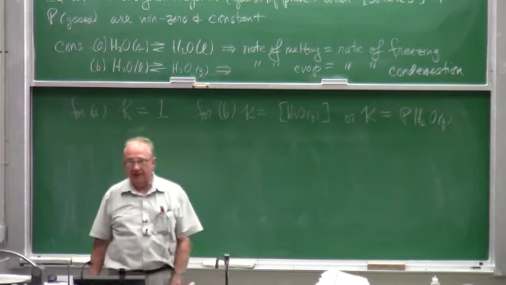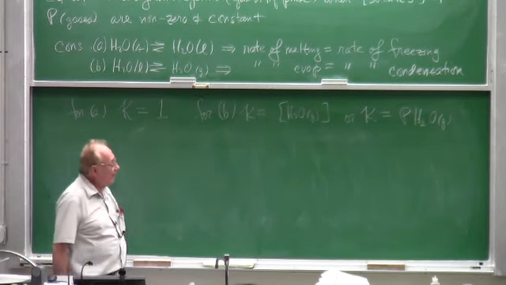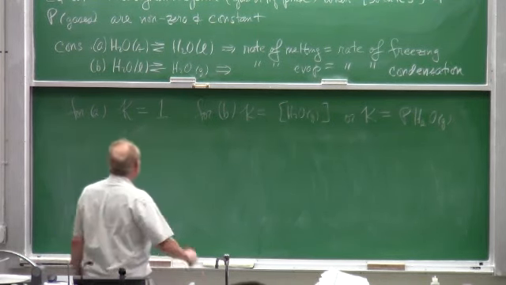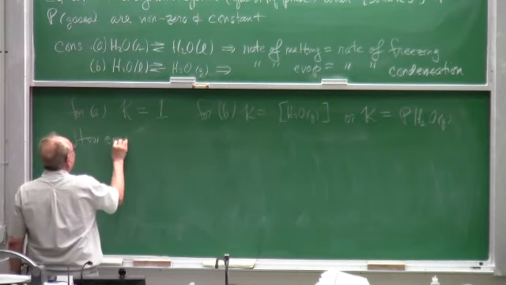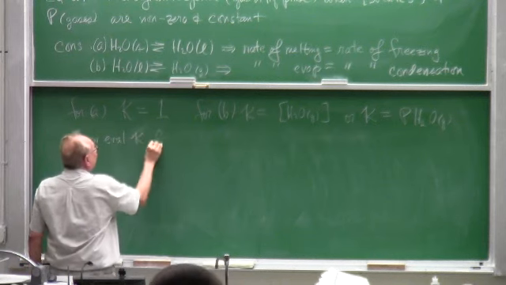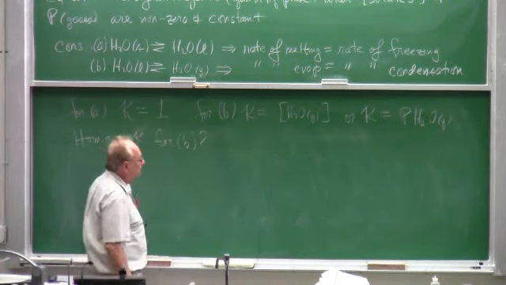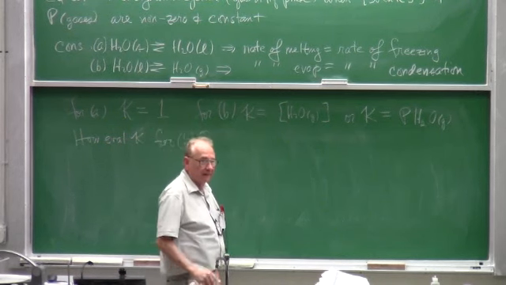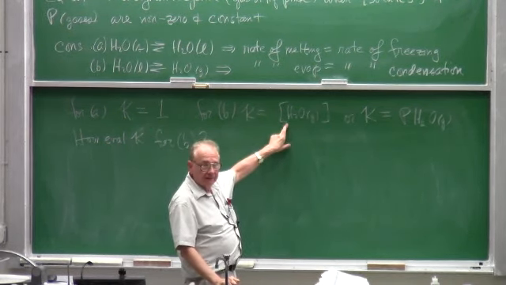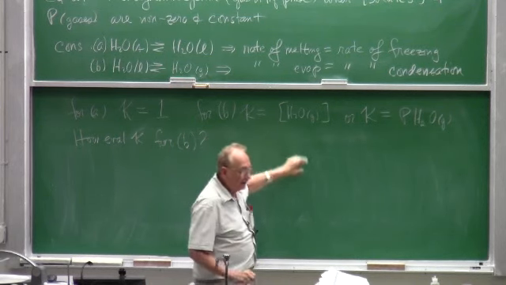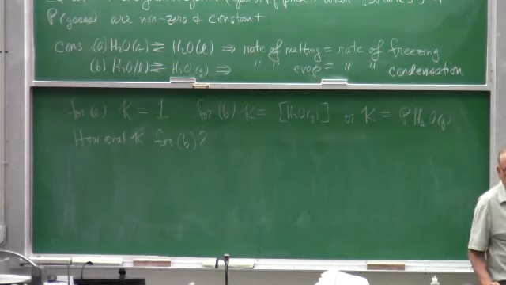What I'm asking really is, if I now assign you the task of evaluating K, how would you evaluate K for system B? Do you realize that if you want to do this, molar concentration, at the minimum, you've got to make some volume measurements, don't you?